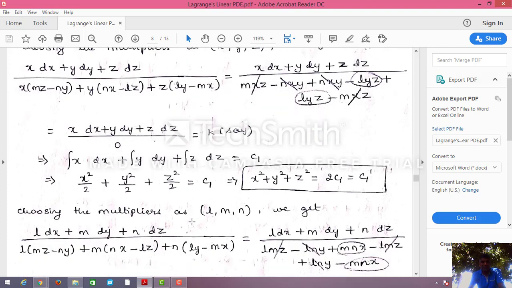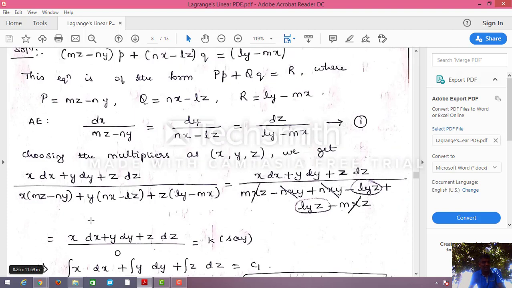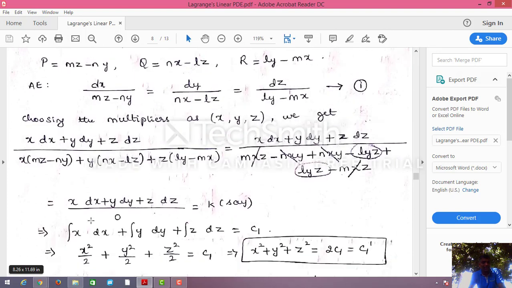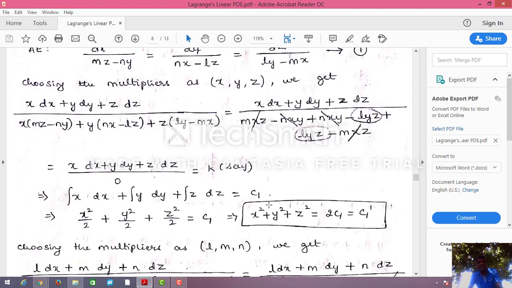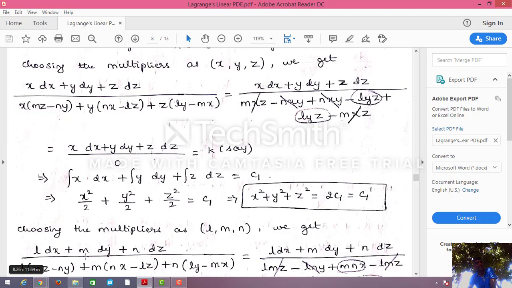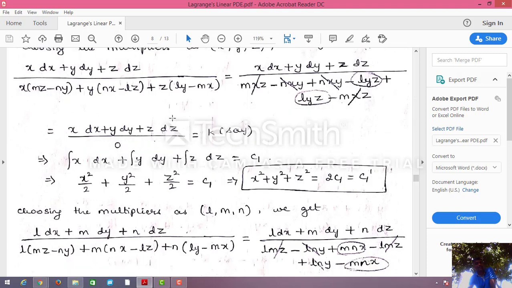The other solution: I'll choose different multipliers. Previously we chose x, y, z. Now we are choosing l, m, n: first term multiplied with l, second term with m, third term with n. l dx plus m dy plus n dz. Now multiply the first term with l into (mz minus ny), m into (nx minus lz), n into (ly minus mx).